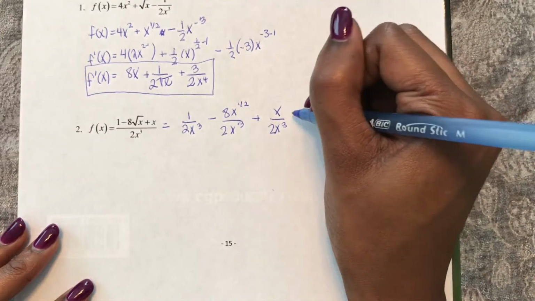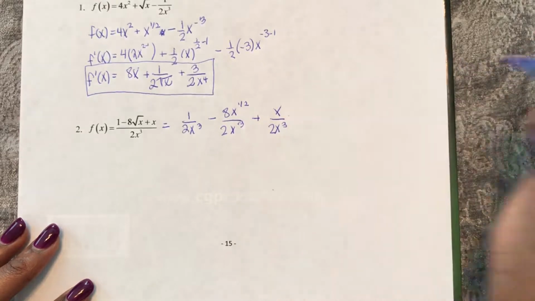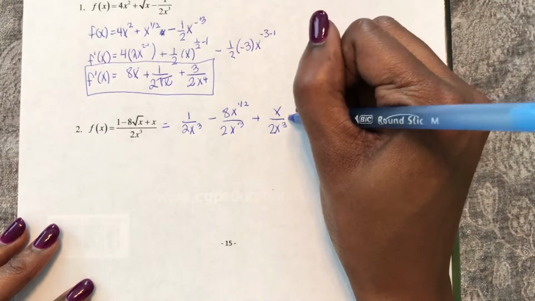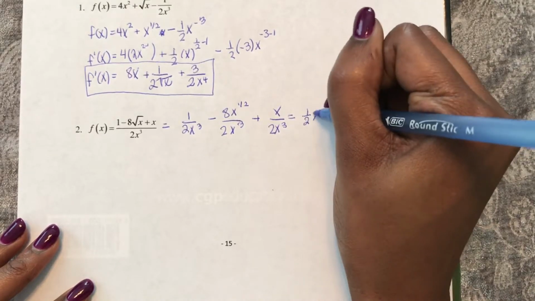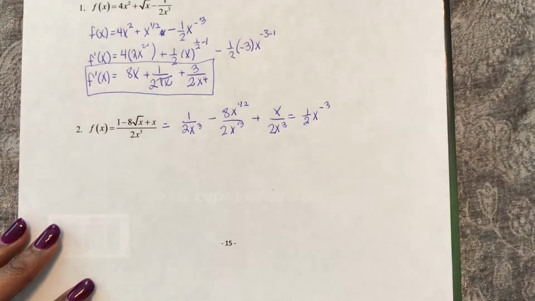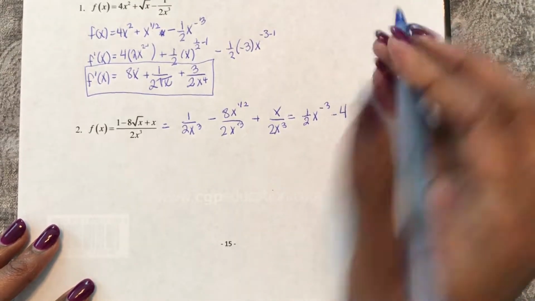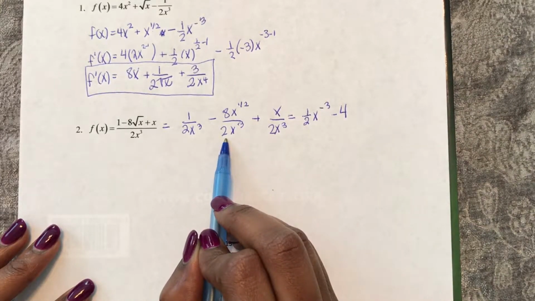So now I want to rewrite this as constants and x to some power. So this is 1/2 x to the -3. This becomes minus 4 because 8 divided by 2 is 4.